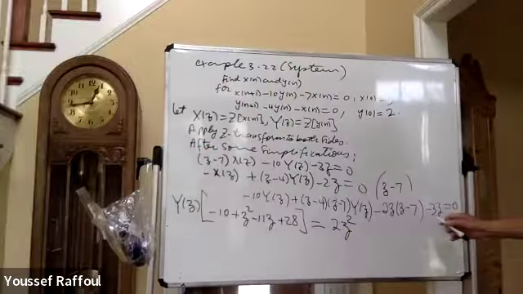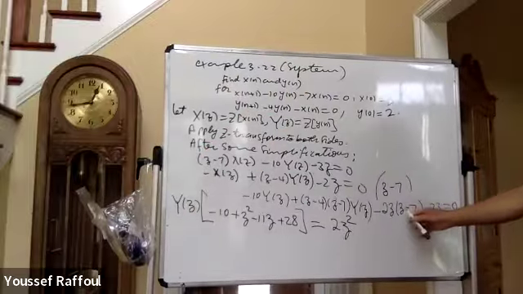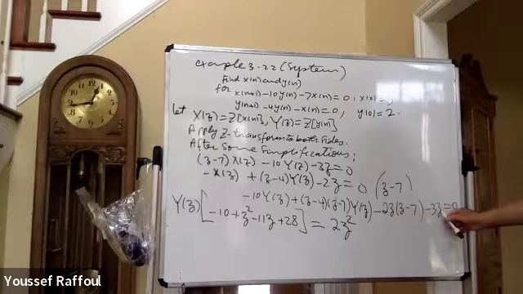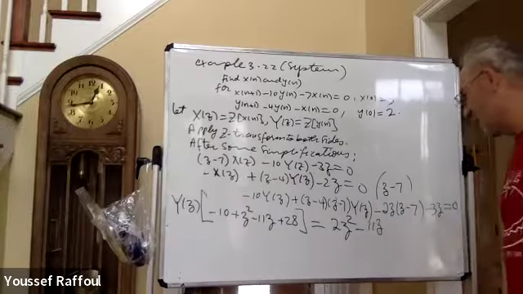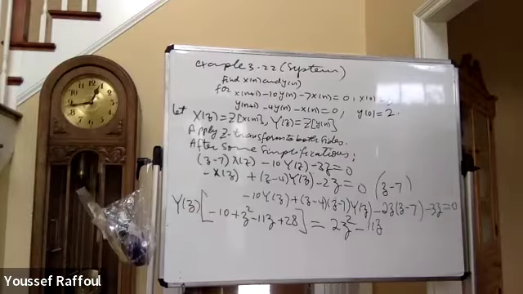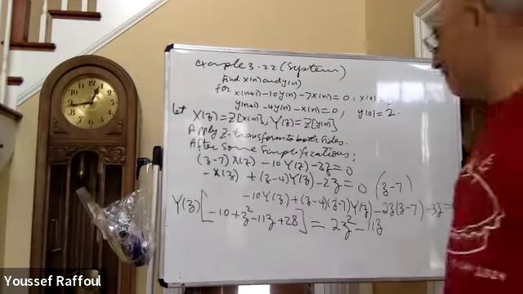If I take this over there, and then I have plus 14z minus 3z, so it will be minus 11z. See what I did?